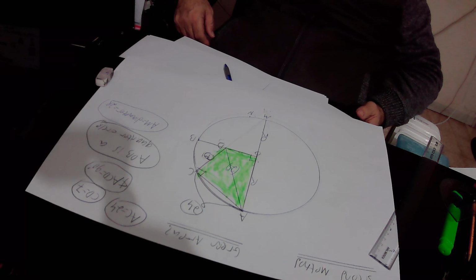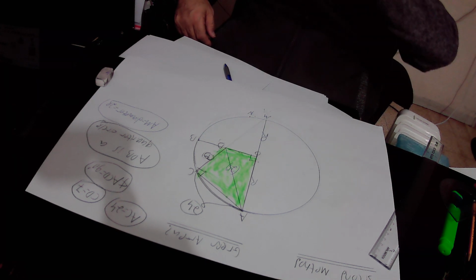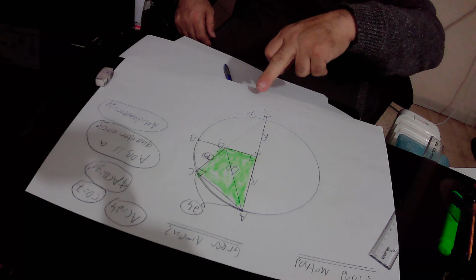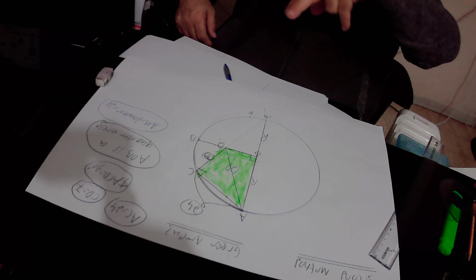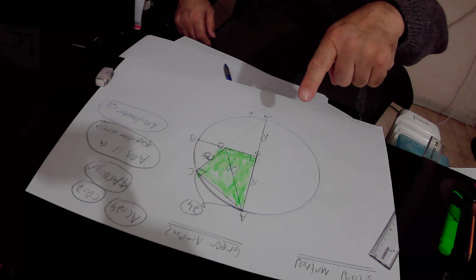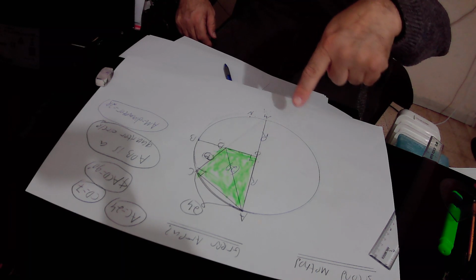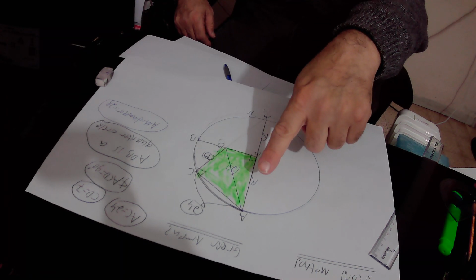So, due to our assumption that the extended side CD will touch the circle at point N, we have a contradiction, because according to rule number 5, it must rest on AM, that is the diameter of the circle, and not on AN.